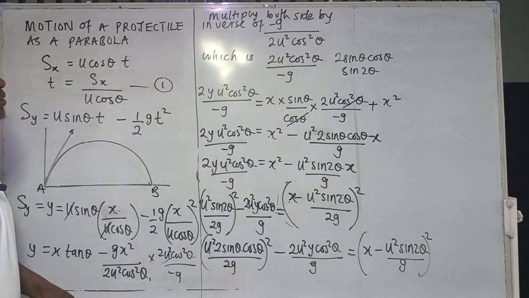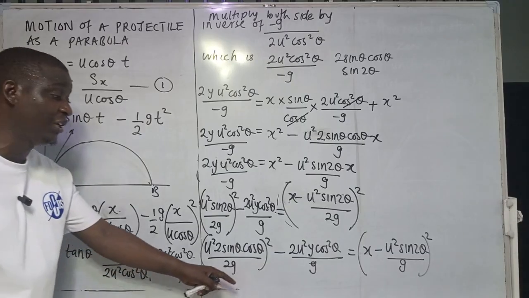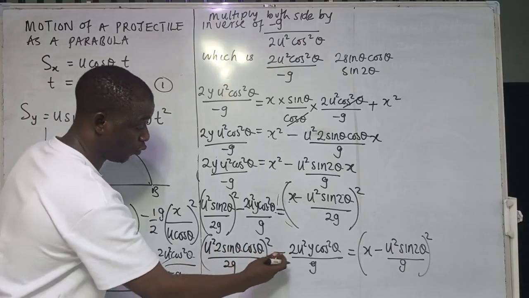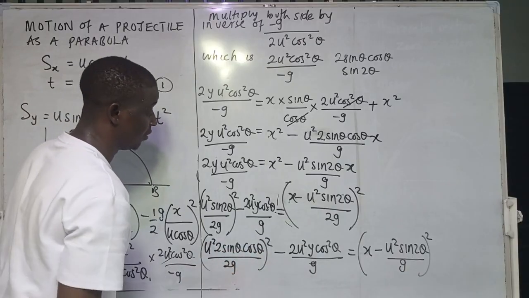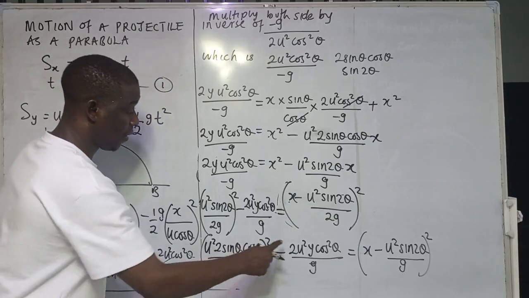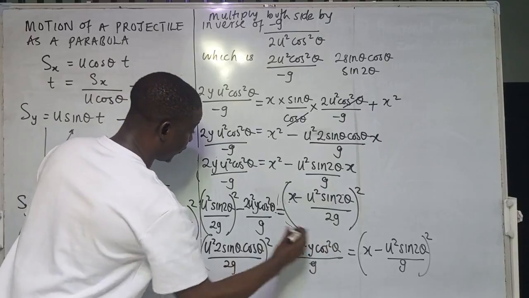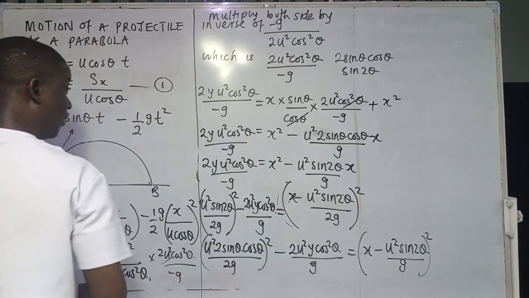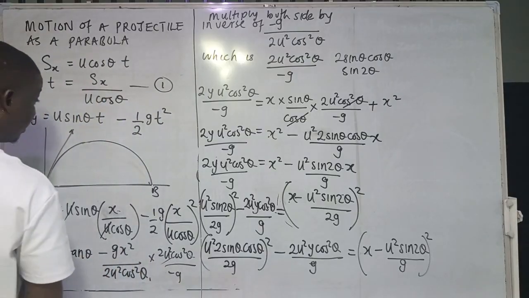Now, what I want to do simply is to break this one down. What is common on both sides now? Let's factorize. Let me bring minus out, and bring this function out, leaving y here.